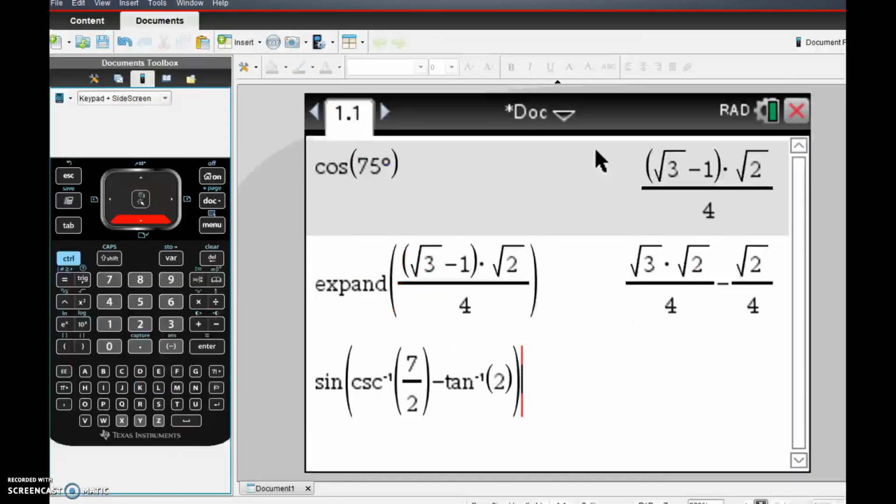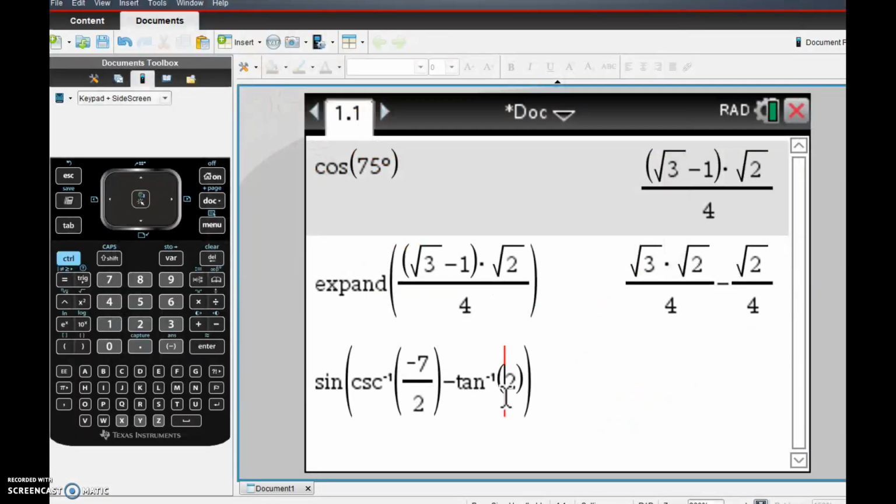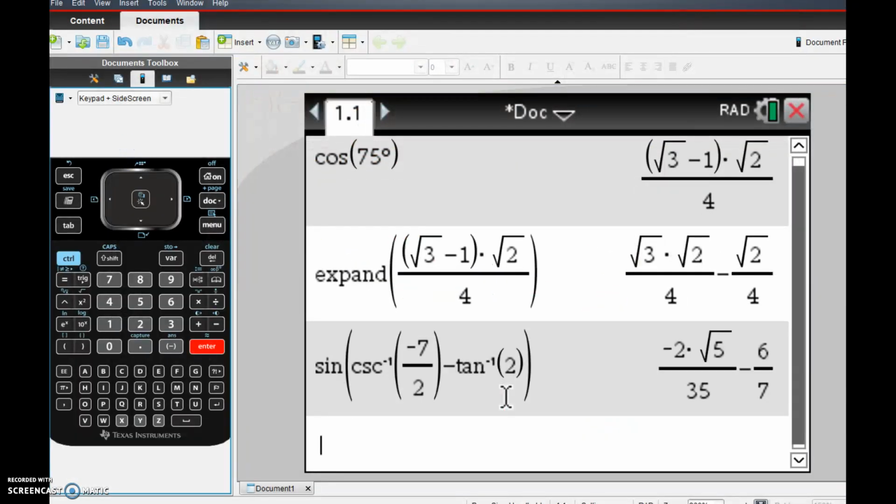So I typed that into my calculator. I took the sine of the inverse cosecant of, well, there should be a negative here, of negative 7/2 minus the inverse tangent of, is it positive or negative? Positive. If I hit enter, it gives me that.